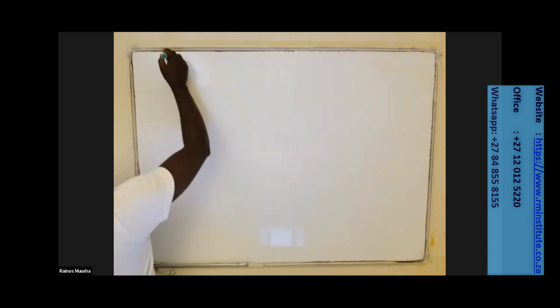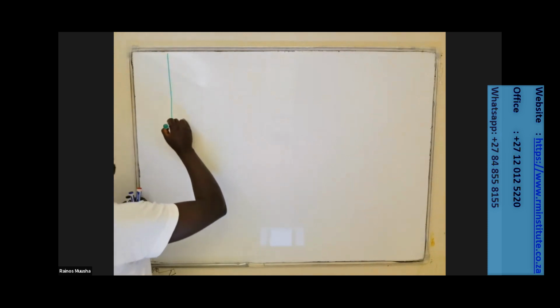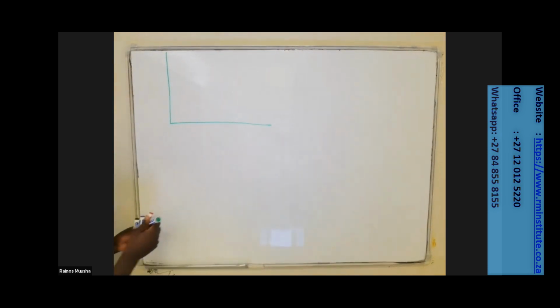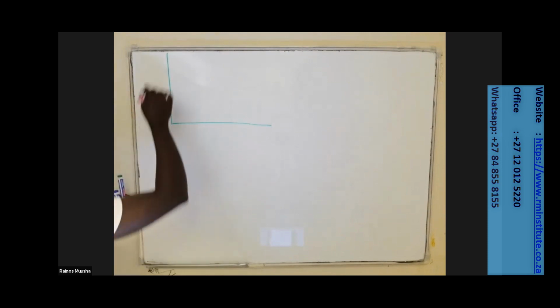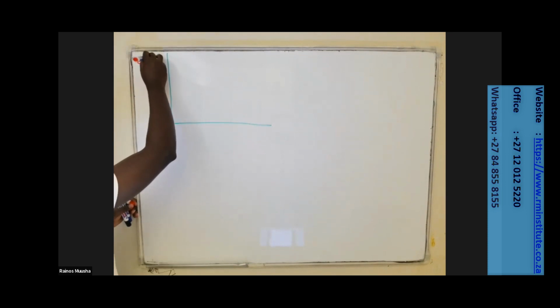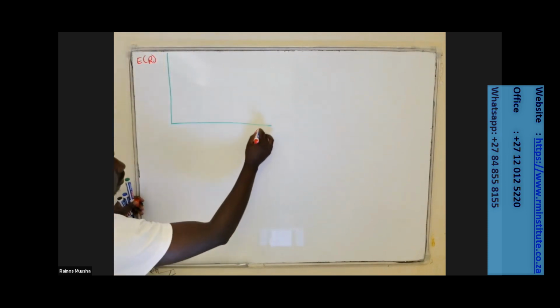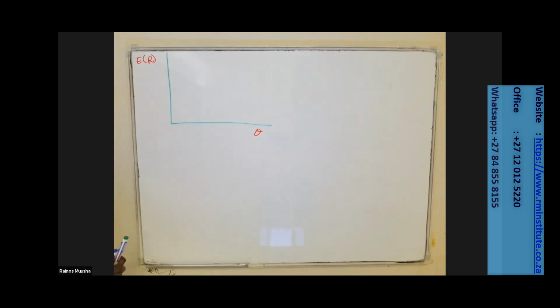So if you look at the graph of the information that we're given, we are plotting the expected returns against the standard deviation.